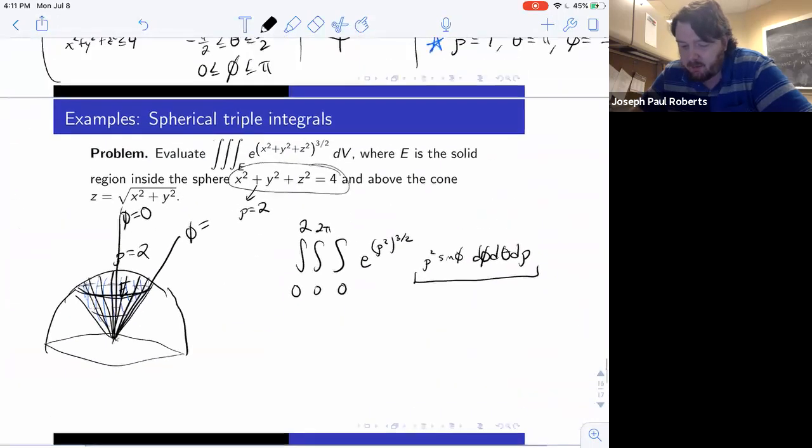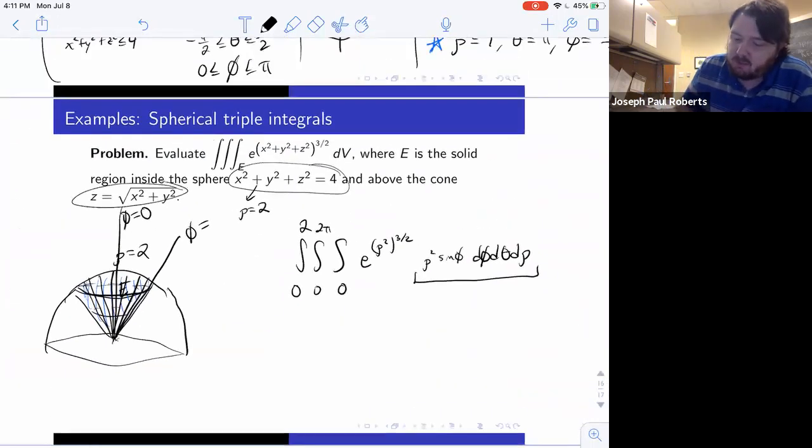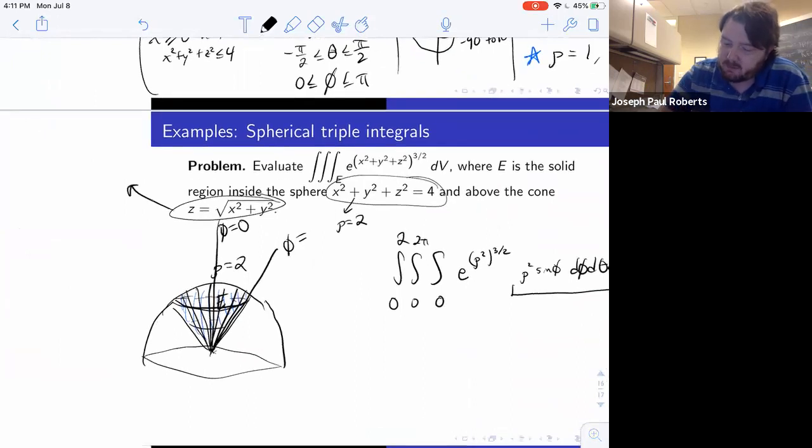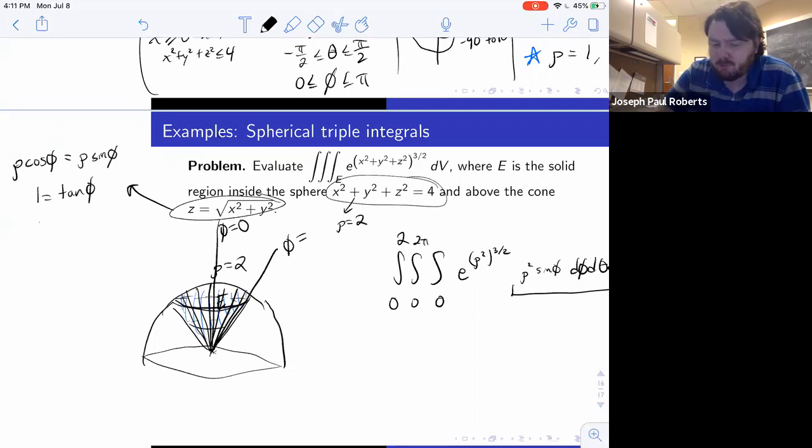So when I'm thinking, okay, what is this equation in spherical coordinates? z becomes rho cosine phi, remember? So z is rho cosine phi. Square root x squared plus y squared is r, so it becomes rho sine phi. So if you play around with this equation, the cone equation becomes tan phi equals 1.